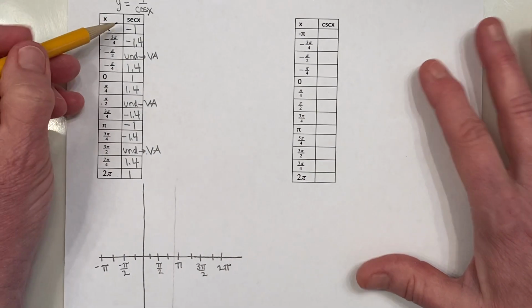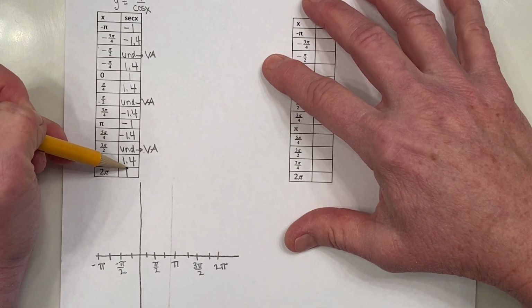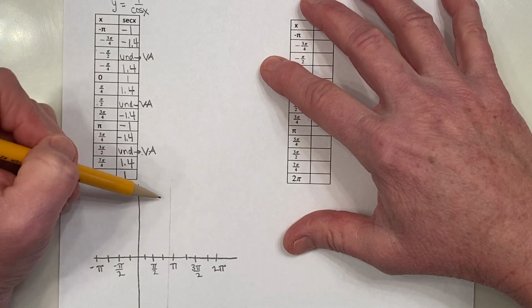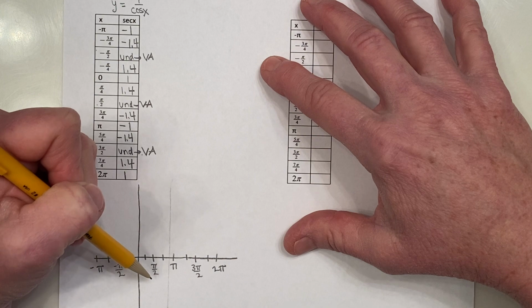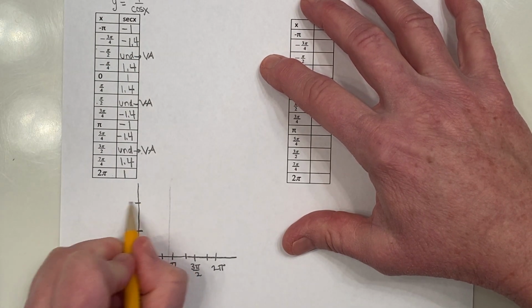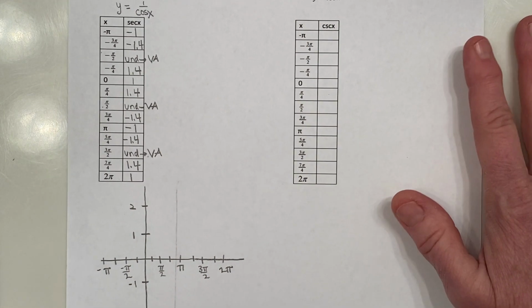All right, as I observe the values down this column, in thinking about the graph that we looked at, it appears that my parabolic shaped graphs continue up to infinity and down to negative infinity. So I think I'll just put a 1 right here, maybe a 2 right here. Okay, and then let's plot some points.